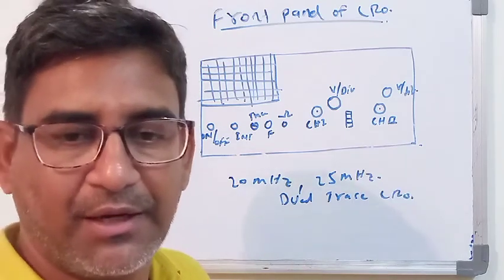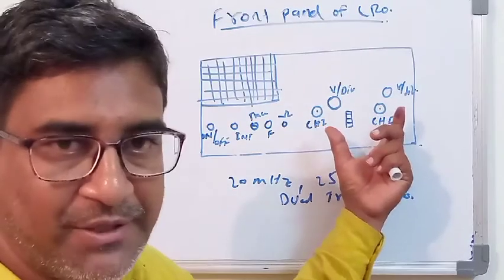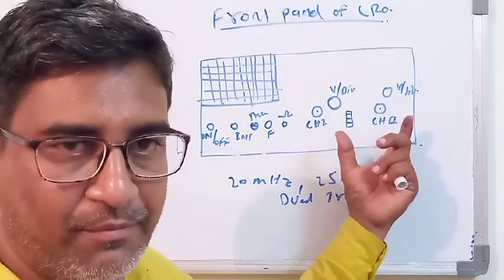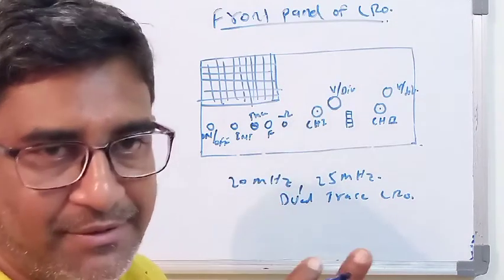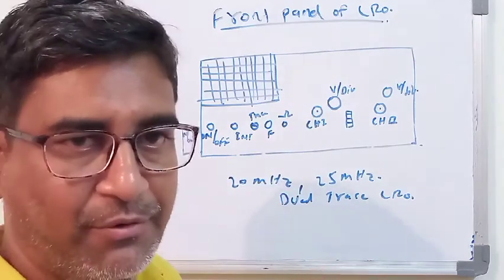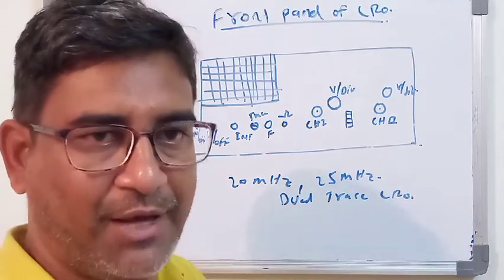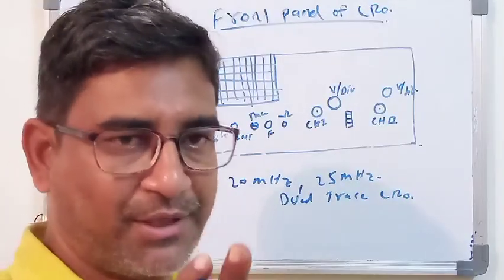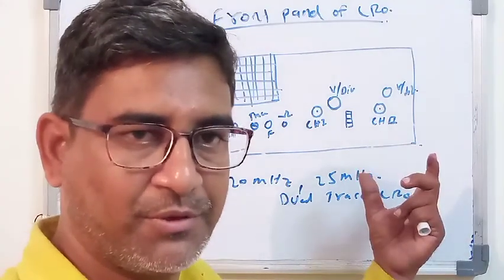Then there is a different section, all about the measurement of voltage, in which axis? In the y-axis. Now, if you want to measure, you have to take the frequency also. That frequency is observed by using the time per division. Without the time per division, the CRO measurement is not possible.